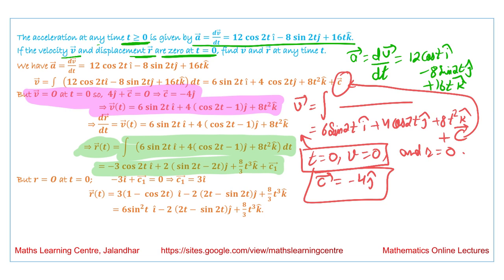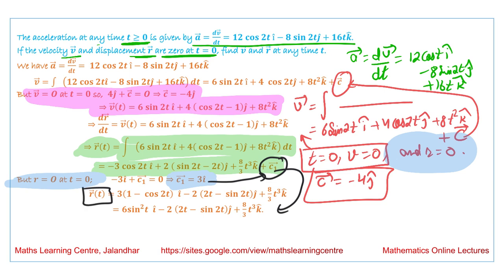To find the value of this constant c1, we use the second condition, that r is equal to 0 at t equal to 0. So this gives us the value of c1 as 3 times i cap. So when we substitute this value of c1 in this equation, we obtain the final answer that r vector is equal to this.